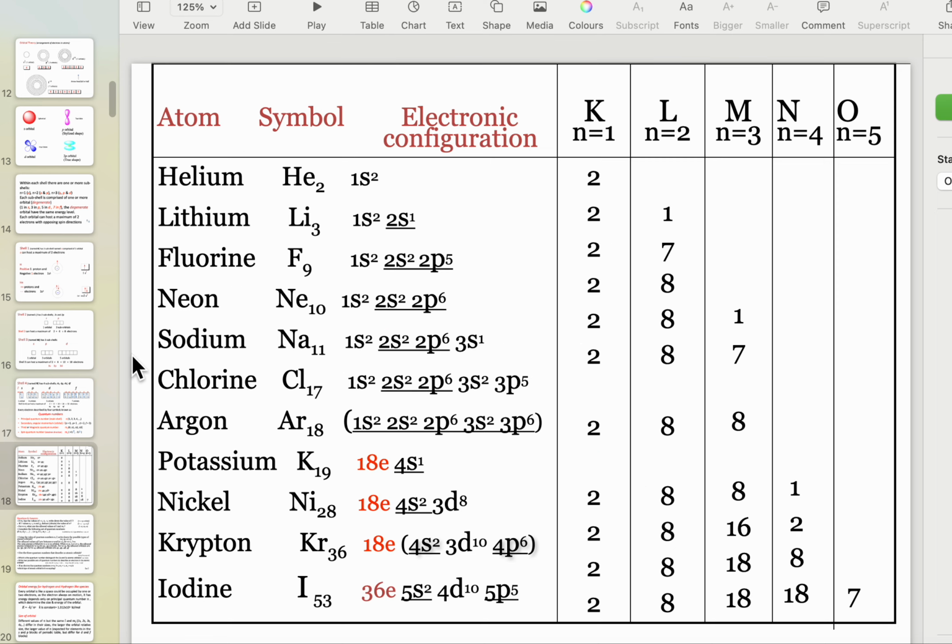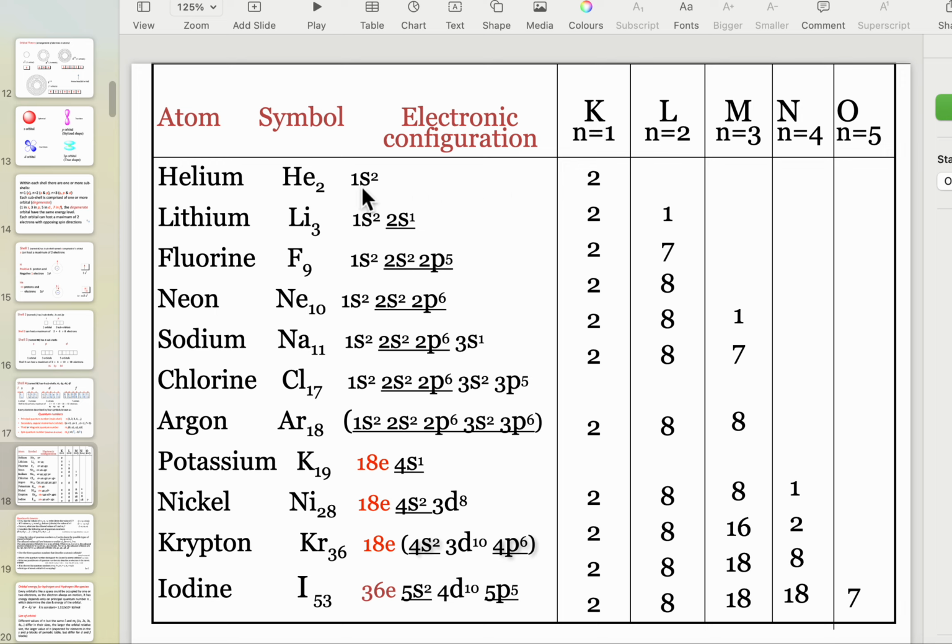Now we come to the electron configuration of some selected atoms. We talked about hydrogen. Hydrogen was 1s1. Helium has 2 electrons, atomic number 2. So 2 are sitting in the K shell, n equals 1.